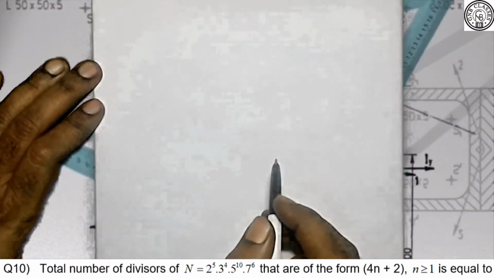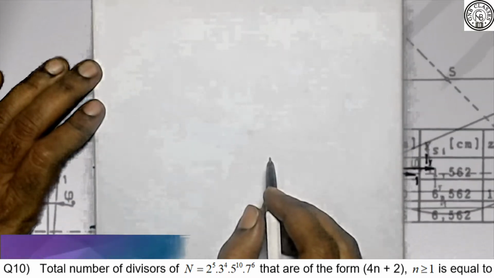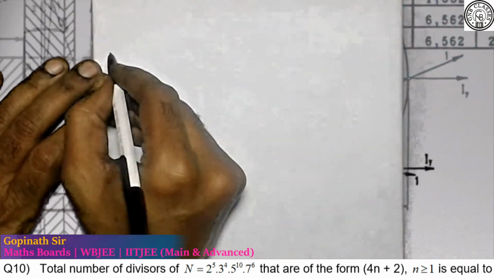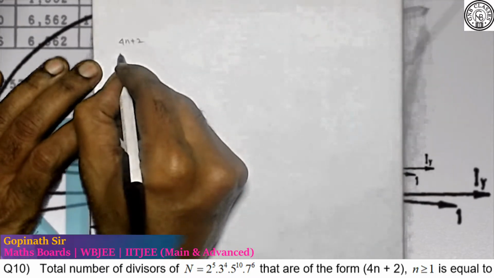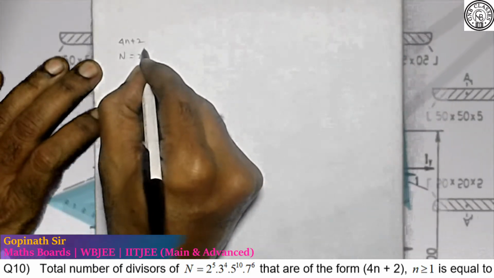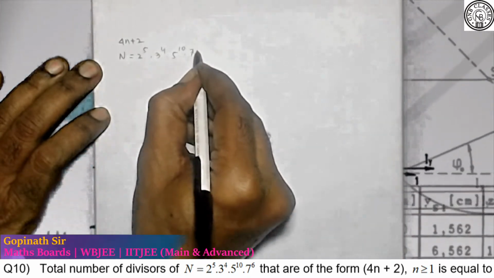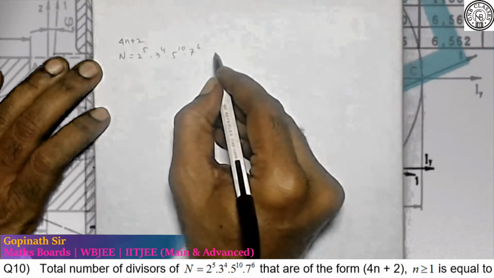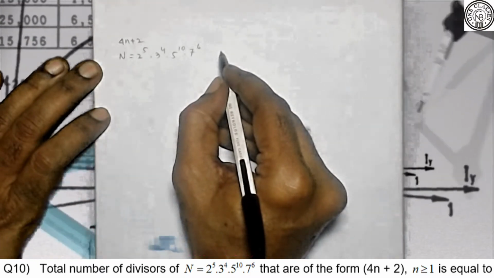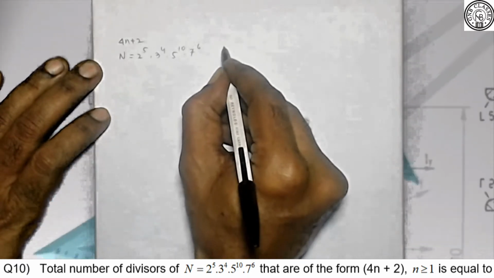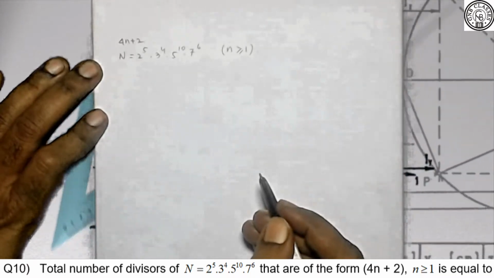Question number 10 is the same as question number 9. They have asked to find the total number of divisors of the form 4n plus 2 of the number 2 to the power 5, 3 to the power 4, 5 to the power 10 and 7 to the power 6. The only difference is that in the previous question n is greater than or equal to 0, and in this case they have said that n is greater than or equal to 1.